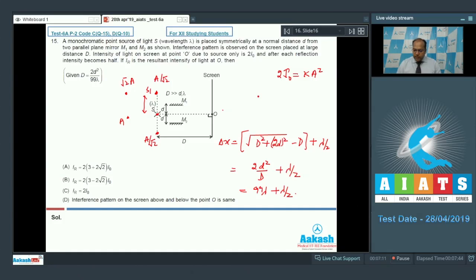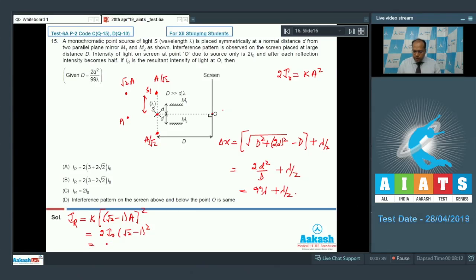So if I write the resultant intensity at point O, then it can be written as root 2 minus 1 into A whole square into K times, that is resultant intensity. So we know that the value of K A square is 2I0. So this can be written as 2I0 into root 2 minus 1 whole square.